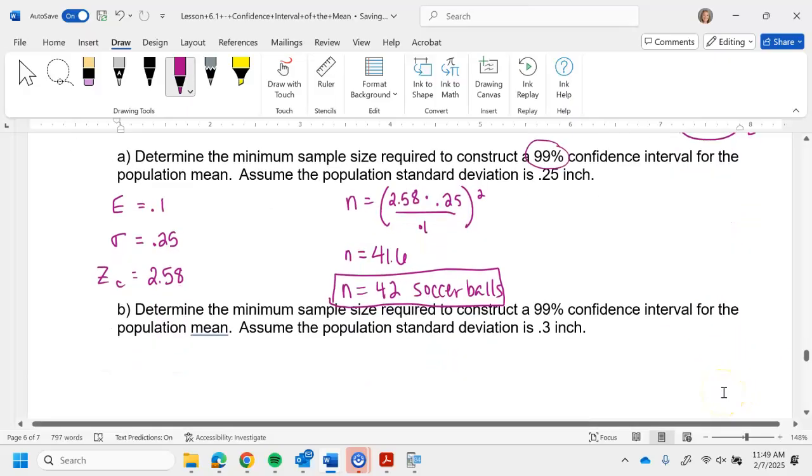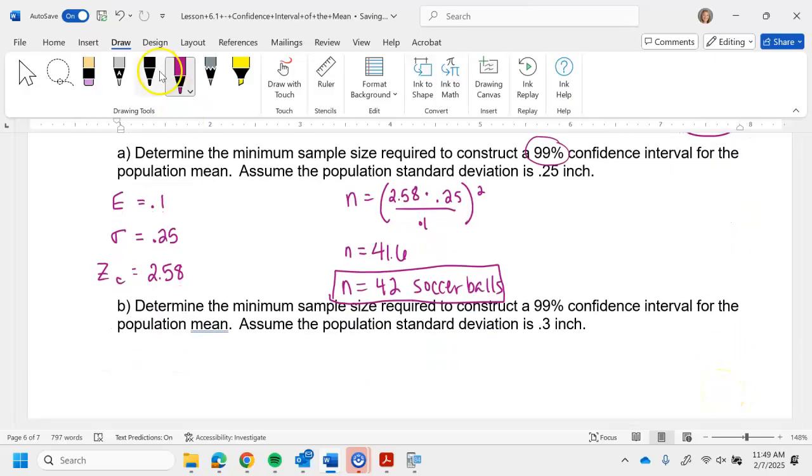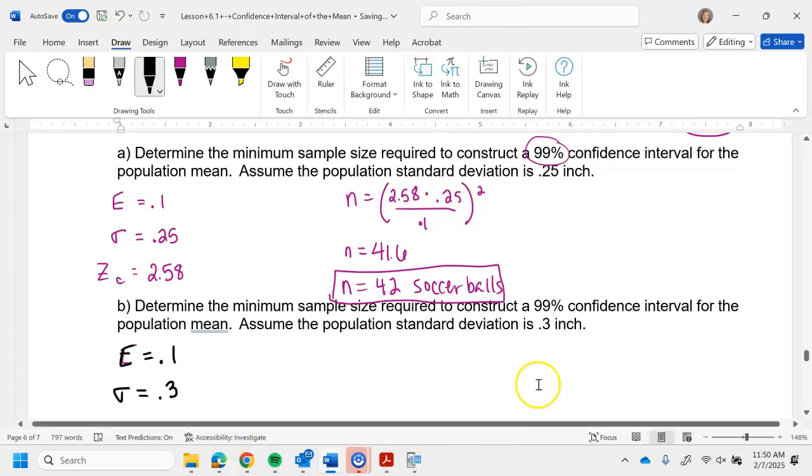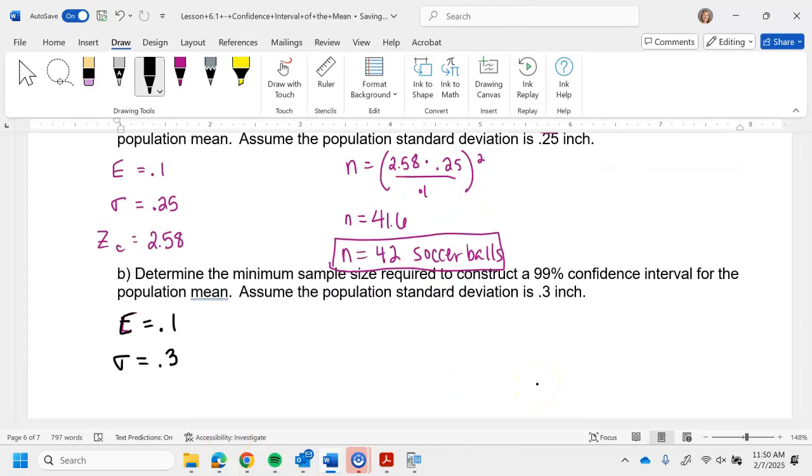All right, let's see what happens when you change the standard deviation. So I'm going to keep everything else the same. So my error stays the same at 0.1. Standard deviation now increases to 0.3 inches instead of 0.25. And I'm still keeping my same critical value at 2.58.